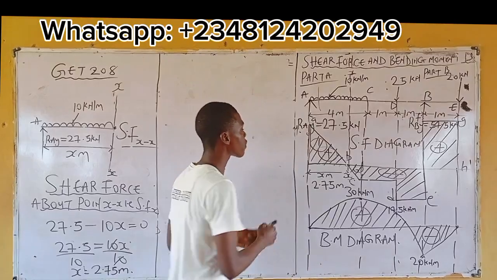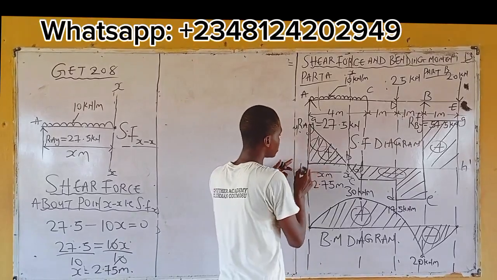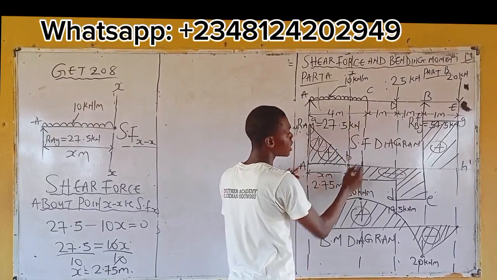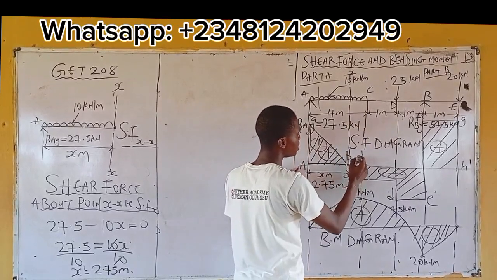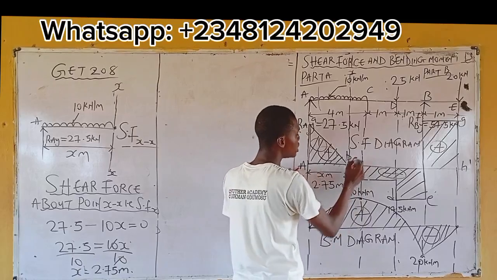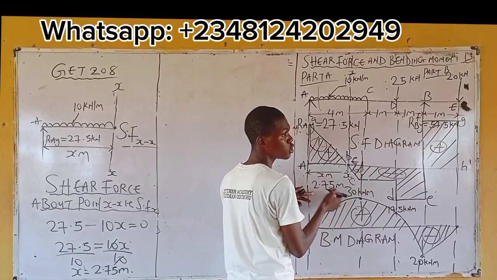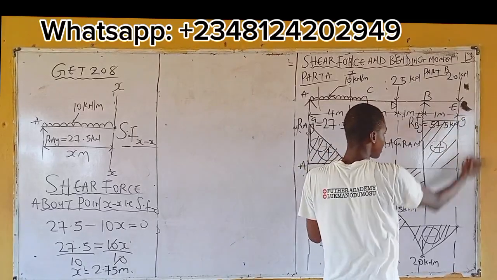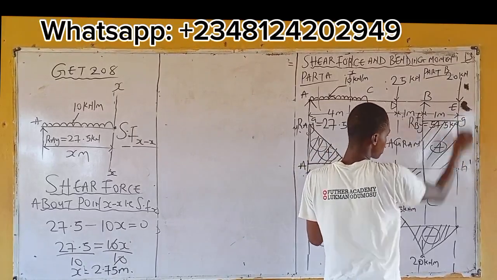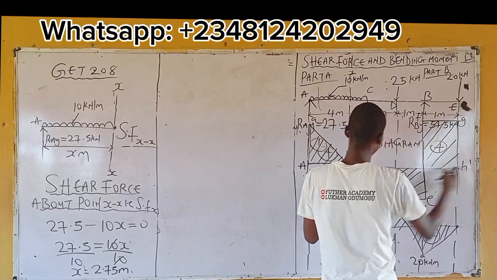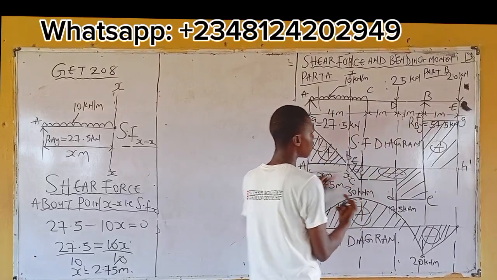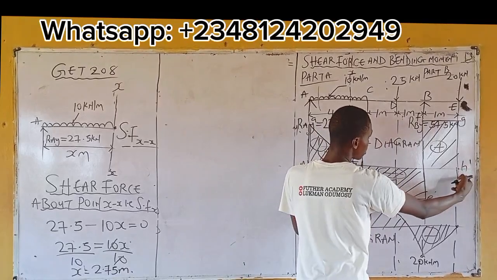Okay, this is it. From this point, this is my A, right? This is section XX, let's say section XS, let's say E. Meaning from A to E is x meter. What's the value? 2.75 meter, right? From E to the last end of your shear force diagram, say H. If from here to here is 2.75 meter, from E to H is what?